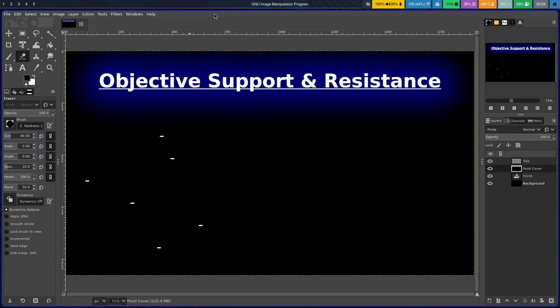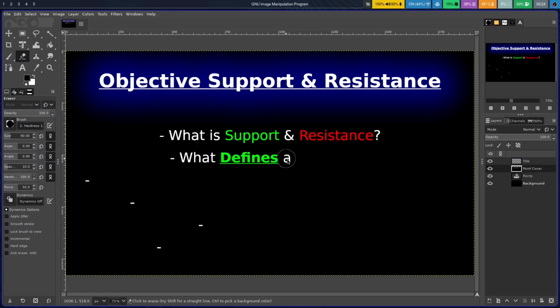So the topic of this video is objective support and resistance. We're going to cover a few different things, starting from the very basics: what is support and resistance. Then we're going to move into what defines a valid level, so you'll have some key criteria to look for.